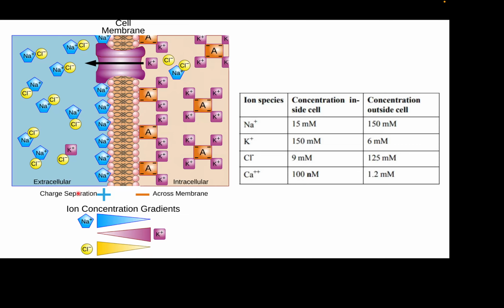Potassium is more inside, that is 150 millimolar, and outside it's only 6 millimolar. Chloride is more outside, that is 125 millimolar in comparison to 9 millimolar inside the cell. And calcium is more outside the cell, 1.2 millimolar, and inside it is 10 nanomolar.